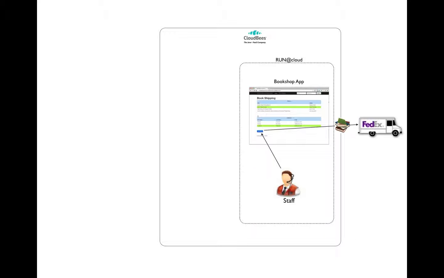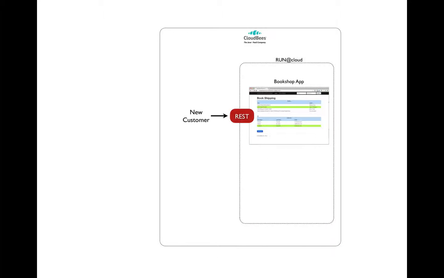To integrate with other apps and services around it, it provides a REST interface through which Weave It Cloud can connect other apps into your app. The first thing the REST interface needs to do is provide an endpoint to allow Weave It Cloud to tell the app about new customers. Wherever that comes from, whether it's from a CRM or database or whatever, the app doesn't care about that.